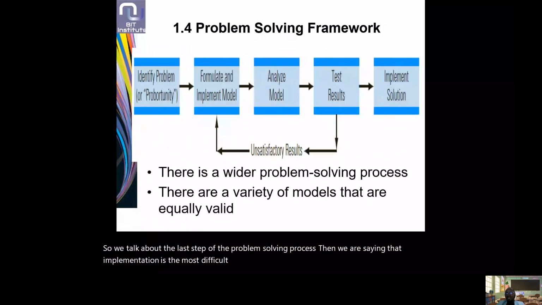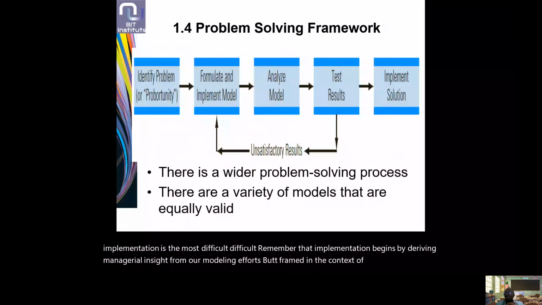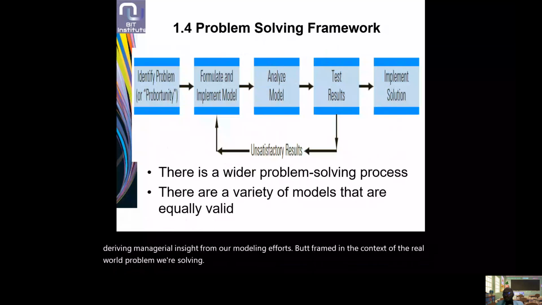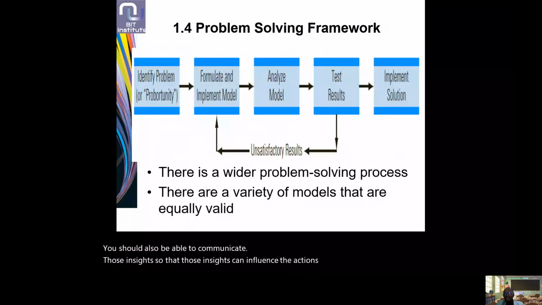Remember that implementation begins by deriving managerial insight from our modeling efforts, but framed in the context of the real-world problem we are solving. And apart from deriving those insights, you should also be able to communicate those insights so that those insights can influence the actions that you are proposing. So linked to implementation is communication.